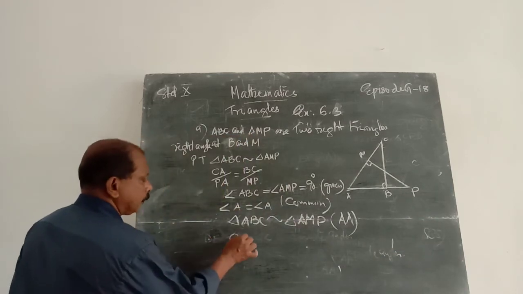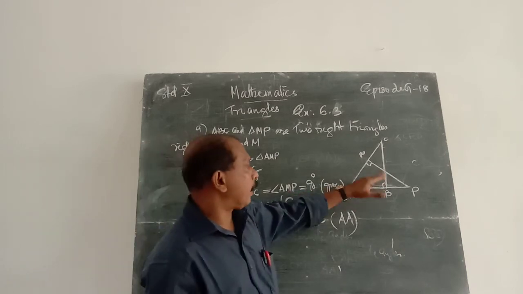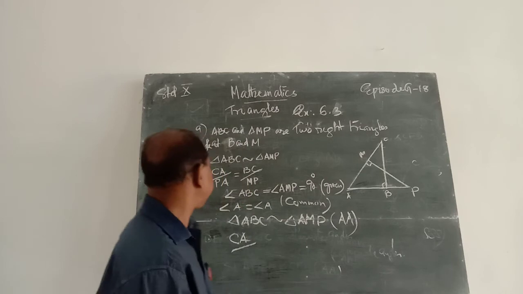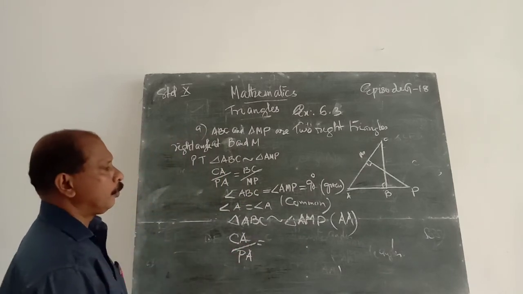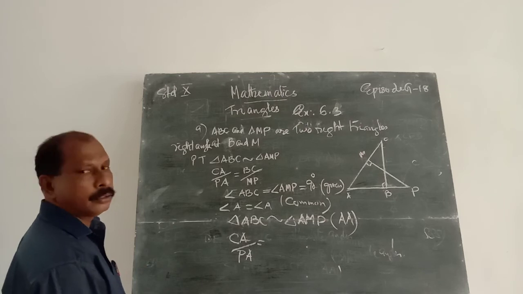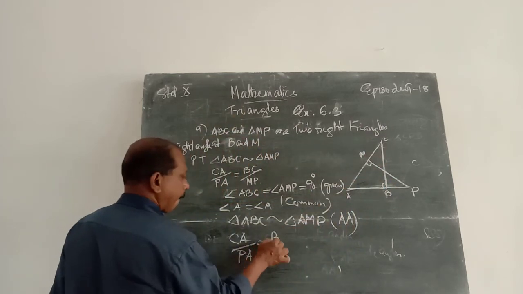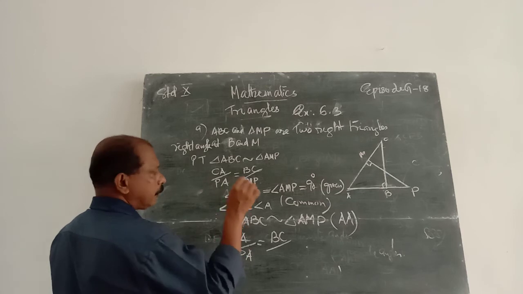The corresponding hypotenuse of the second triangle is against 90 degrees at M, that means it is PA. So CA by PA is equal to the altitude of the first triangle BC by MP.